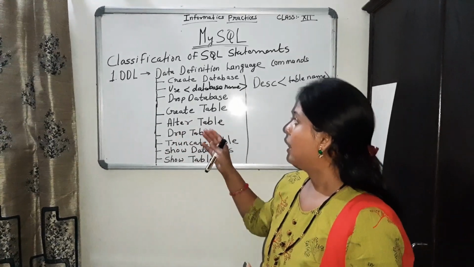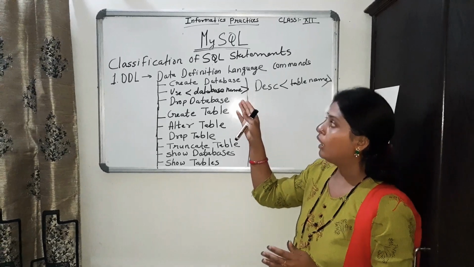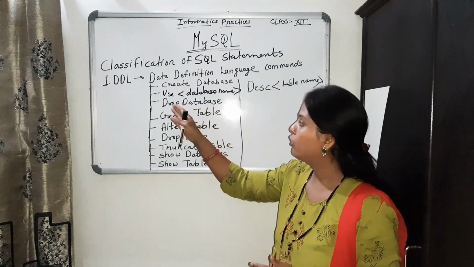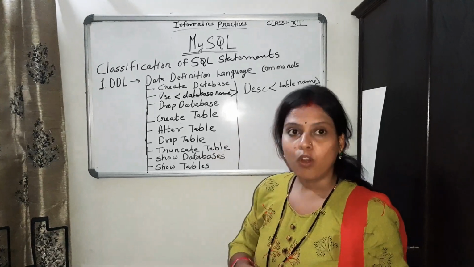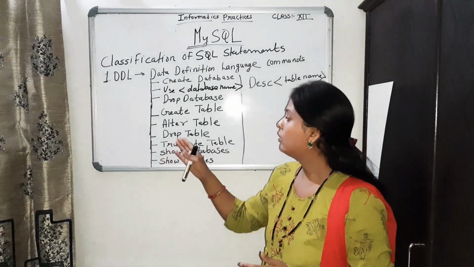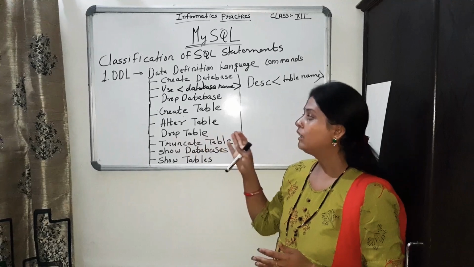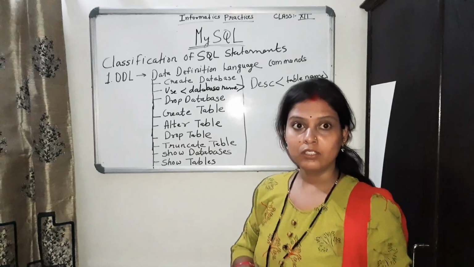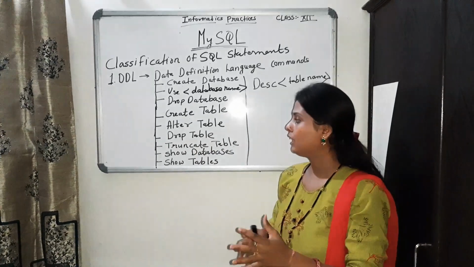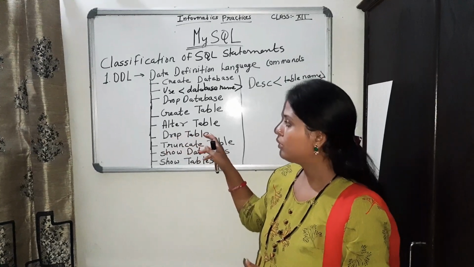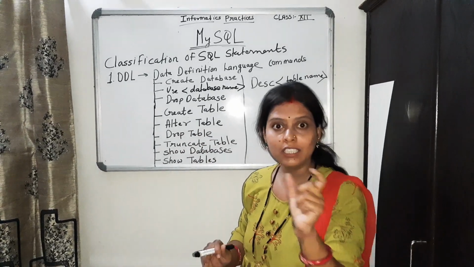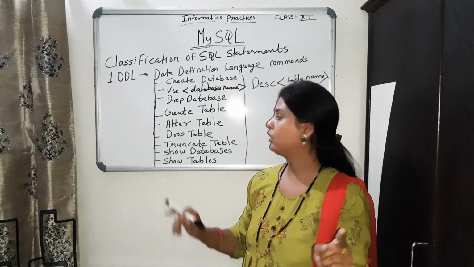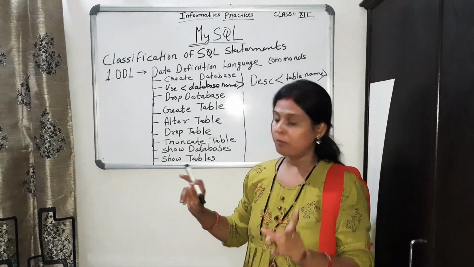Now drop table. As I told you, if you want to delete a database, you have to use the drop command with the database. Similarly, if you want to delete a table, you can use the drop table name command. That is used to delete the table. Here the table structure as well as all the inserted records, both are deleted with the drop table command.